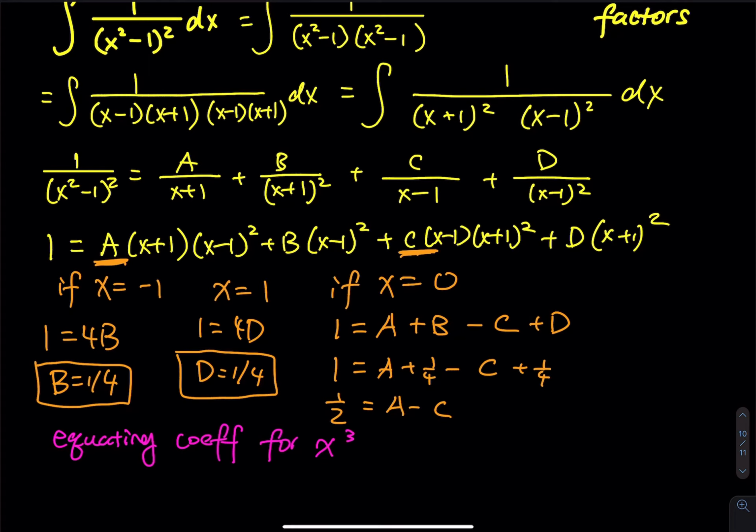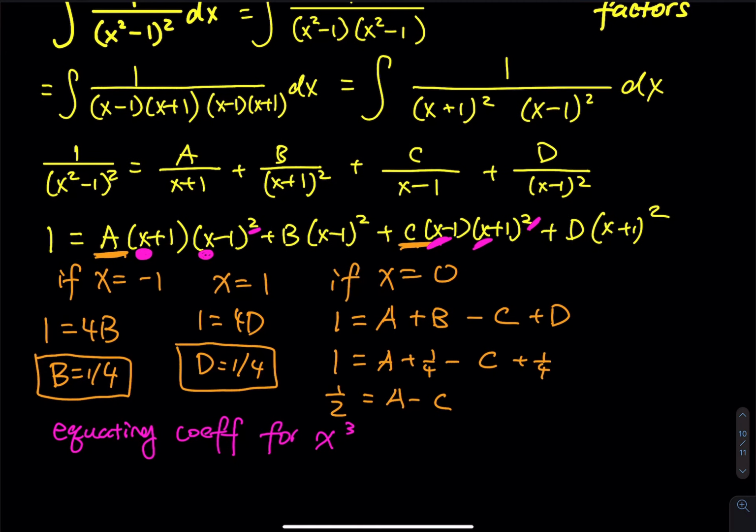How do we get a third power? Look, we have x, and then x to the second power, and then in this one we have x, and then x to the second power. So that's how we get the third power. And then do we have a third power on the other side? The answer is no. So on the other side of 1, do we agree that there is a 0 x to the third?